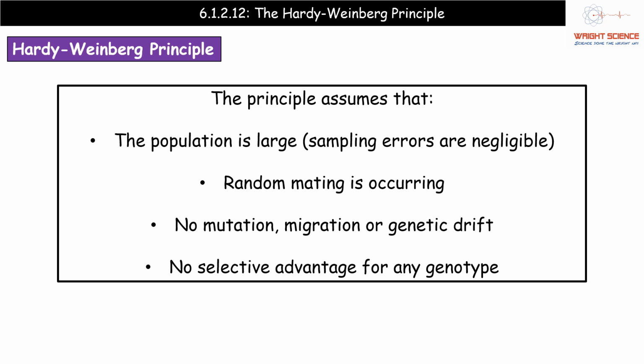So if we're looking at why Hardy-Weinberg may not be appropriate to use, then look at the information they've given you at the start of the question. How big is the population we're talking about? Are they able to randomly mate? If we're talking about a zoo population, then it's not going to be a large population. We're not going to have random mating occurring, and therefore Hardy-Weinberg really shouldn't be applied in that context.